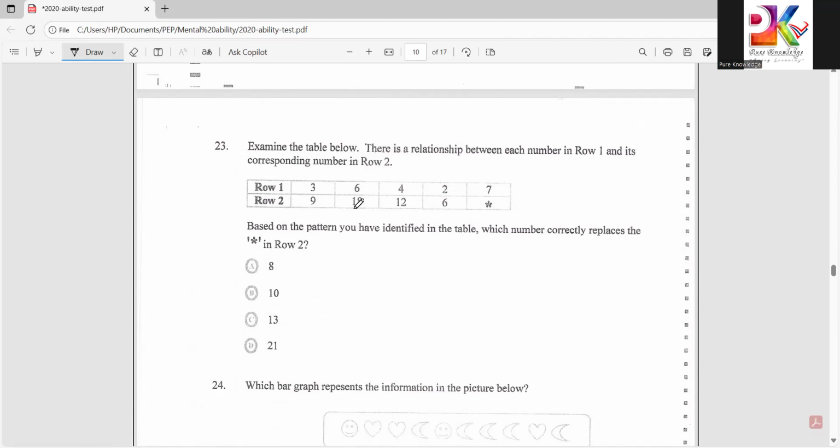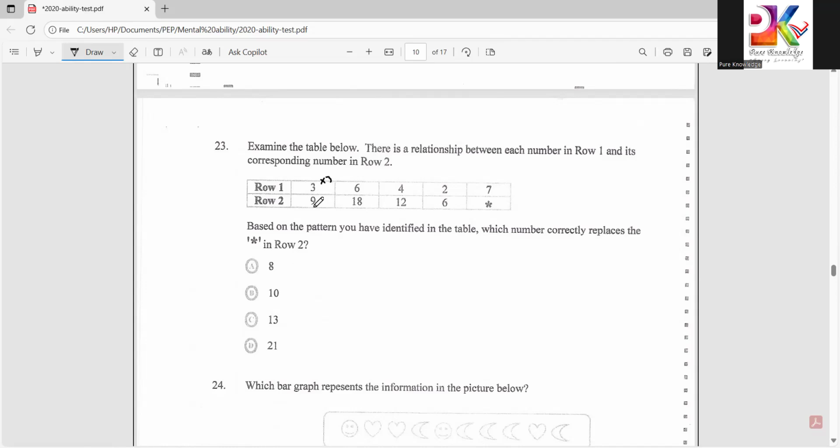So we're going to look at it. 3 and 9, 6 and 18. What's the relationship here? We think that it's based on 3 threes is 9. So right away, we're going to say that every number here is times 3.